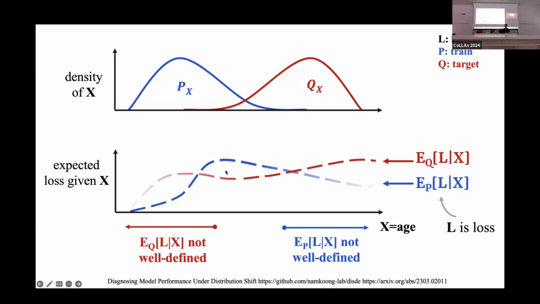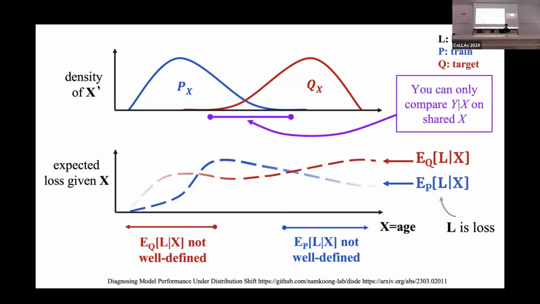For example, in the first figure we draw the density curves of P_X and Q_X, and we can see that in some X regions we do not have labels from P and Q at the same time. It means that P_{Y|X} or Q_{Y|X} on these regions are not well defined. Therefore, the key point is that we can only compare Y given X on the shared X, like in this region, because we observe the labels from P and Q at the same time.